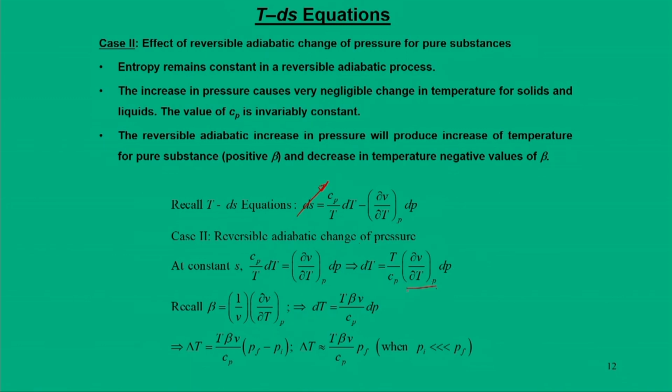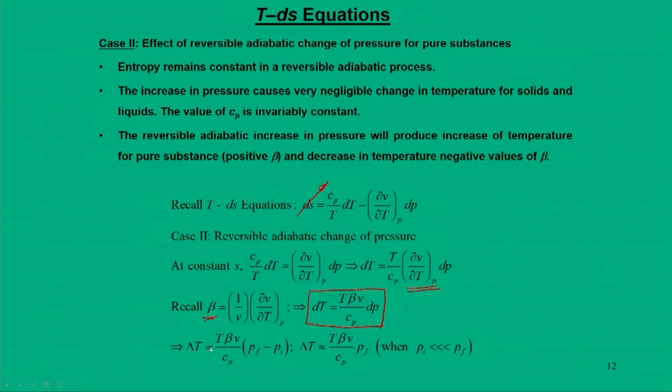This (∂V/∂T) at constant P information we get from the value of beta. After putting this in, we get the temperature change when there is an increase in pressure at constant entropy.